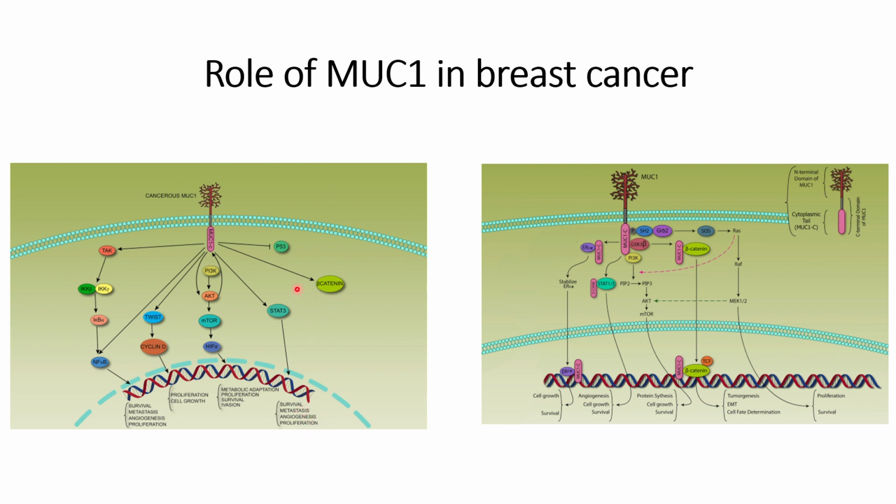So this figure has been shown in a zoomed-in view, or slightly more in-depth information, on the right hand side. In this case, we can see how the Muc-1 cytoplasmic domain interacts, which might lead to triggering of the pathways shown here.